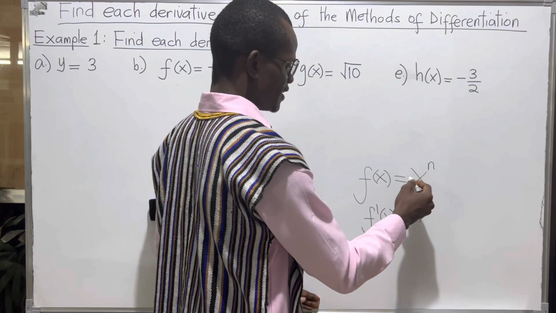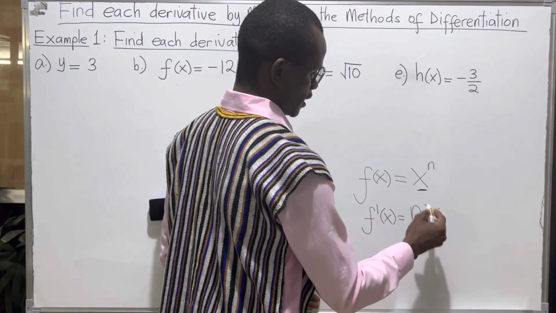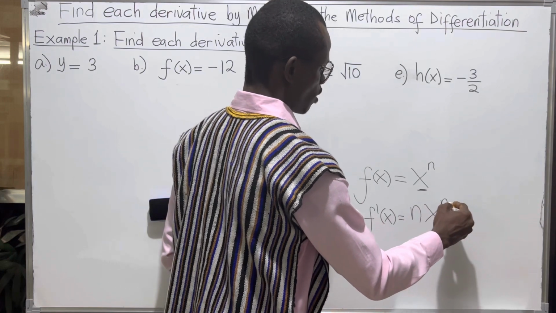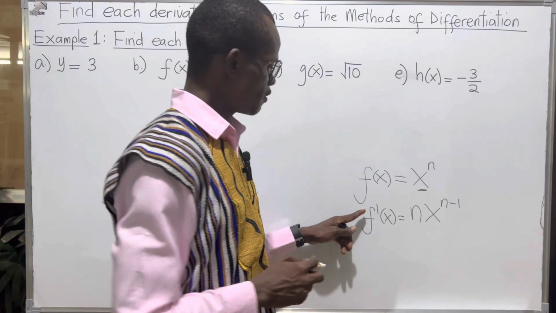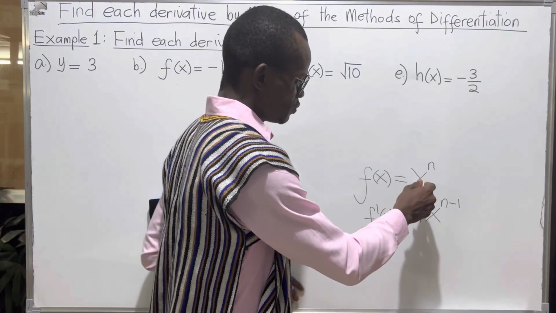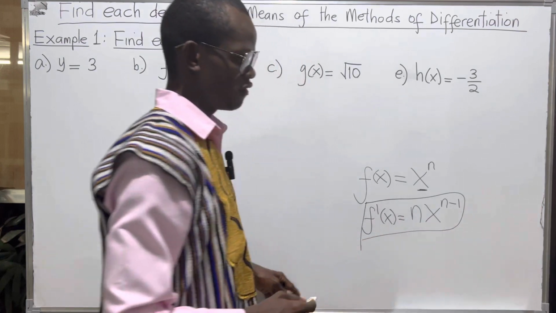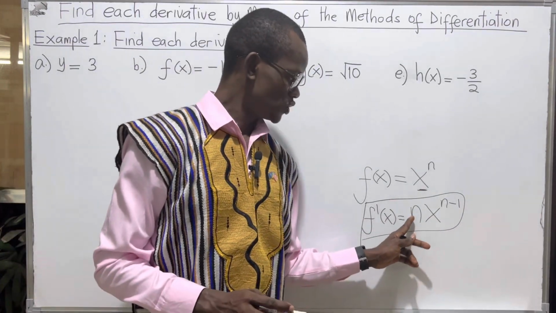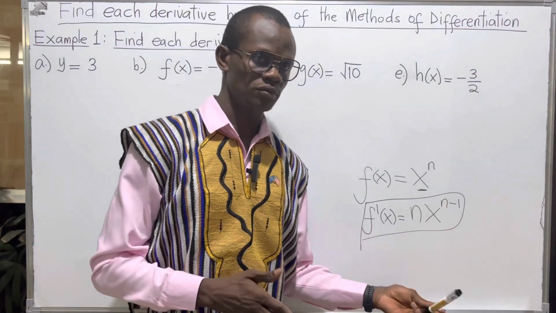That is, you bring this n down, you rewrite the base x, and you subtract 1 from the power. So the derivative of f of x equals x raised to the power n is f prime of x, which is n times x raised to the power n minus 1.